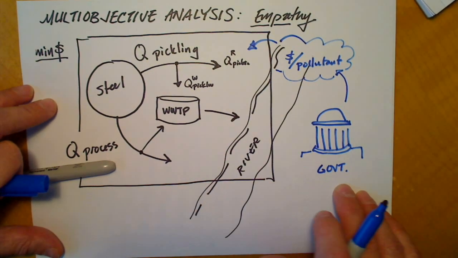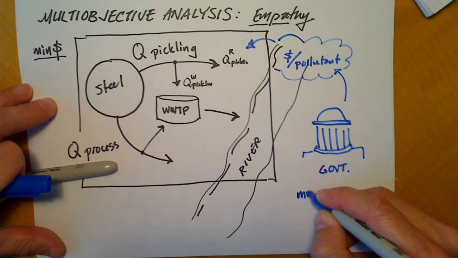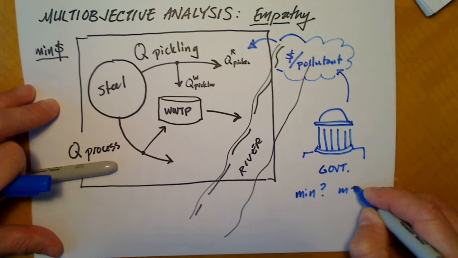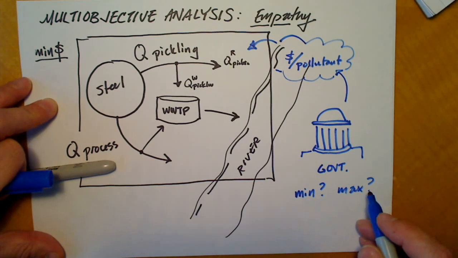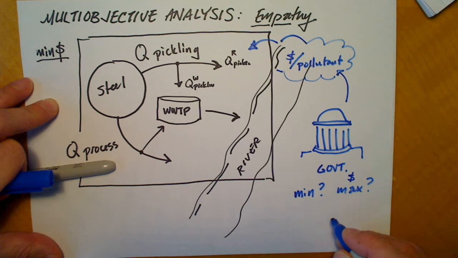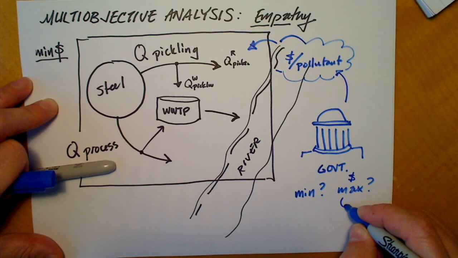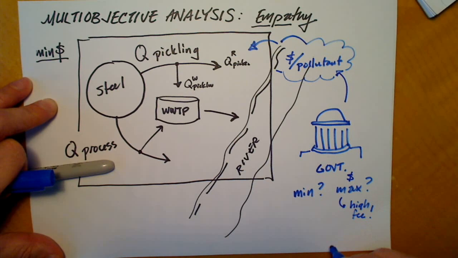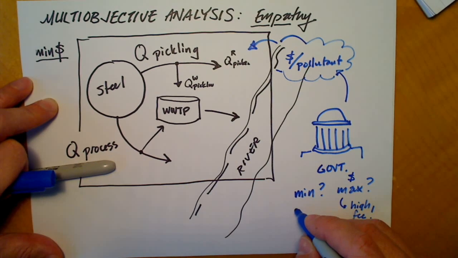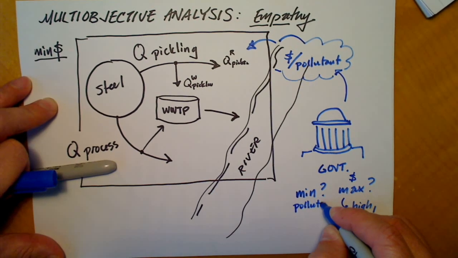But what's the government's objective? What are they trying to min? What are they trying to max? We don't know. There's a couple of choices. What if they were going to max their dollar? That might suggest a high fee. What if they were going to minimize pollution?